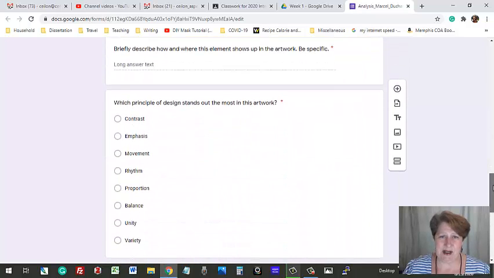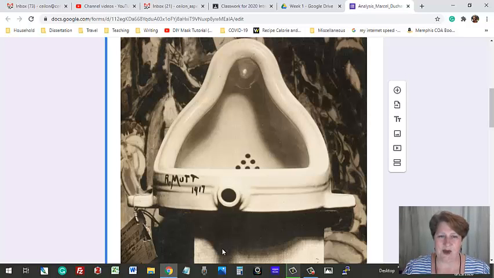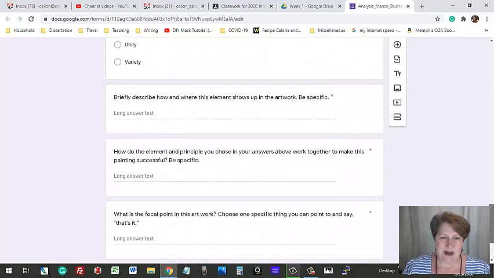So that would be my reason, okay? Now I'm going to choose a principle of design that stands out the most in this artwork. And I'm going to choose contrast, because contrast and value often go hand in hand. Look at the contrast, the way that the white urinal stands out against the dark background, okay? So that's my answer there.